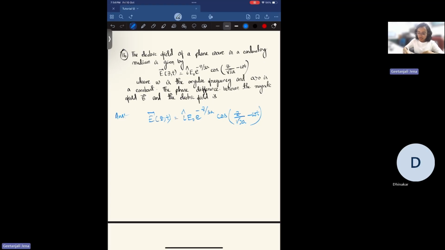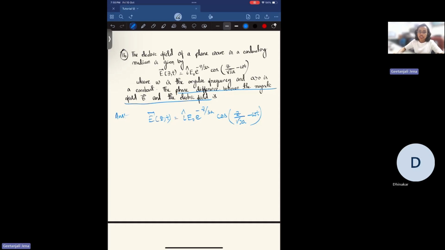What is the phase difference between the magnetic field and the electric field? In a conducting medium, as I said during our introduction, they are not in phase. In vacuum they will be in phase, but when you consider a conductor, B will lag behind E. So for this case, you need to calculate the phase difference.